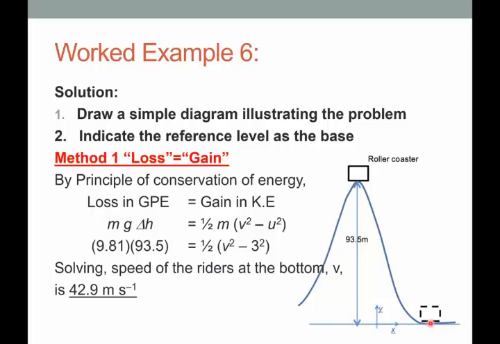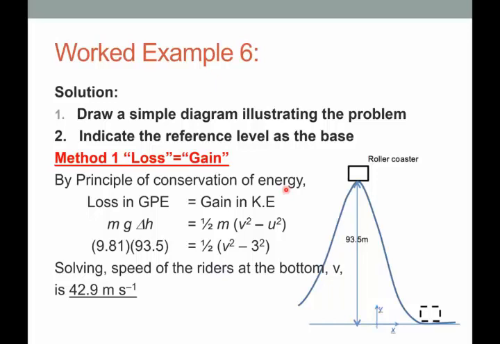By the principle of conservation of energy, since no energy is lost from the system, whatever is lost in GPE by the coaster at the initial position will be equal to the gain in kinetic energy at the final position.